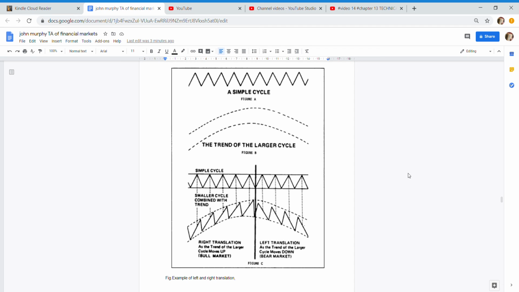Figure B shows the trend of the larger cycle. Figure C shows the combined effect. When the longer trend is up, the mid-peak shifts to the right. When the longer trend is down, the mid-peak shifts to the left. Right translation is bullish, left translation is bearish. Source: The Power of Oscillator Cycle Combination by Walt Bressert.